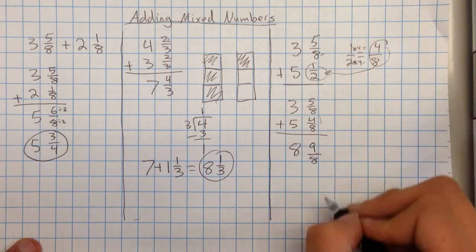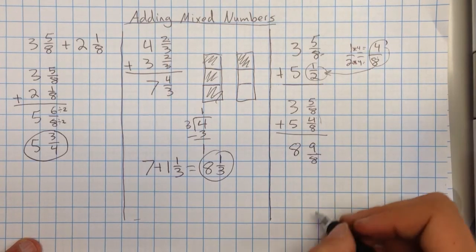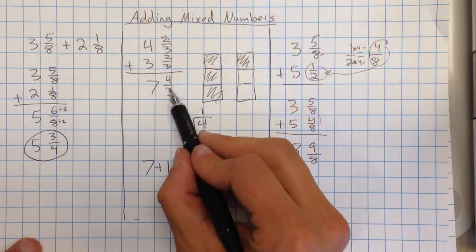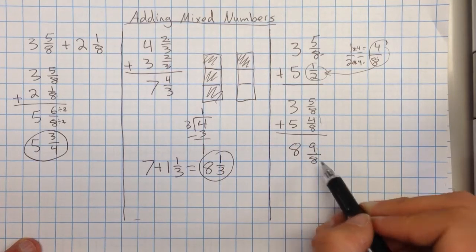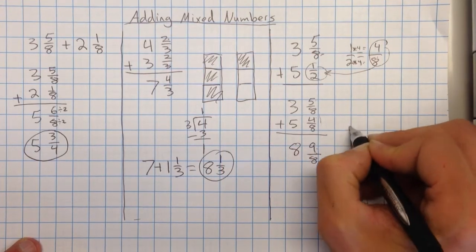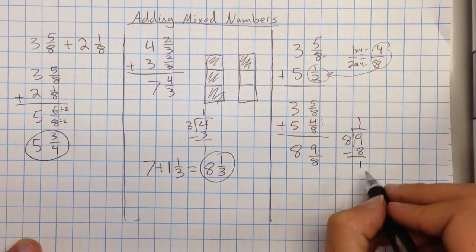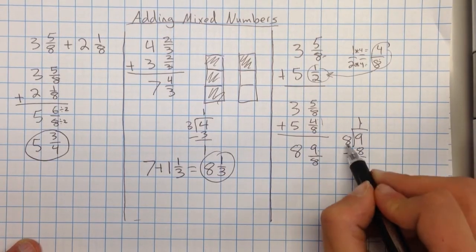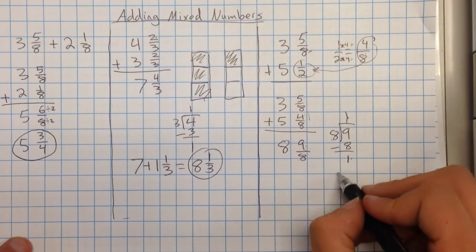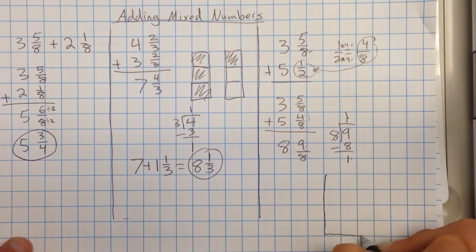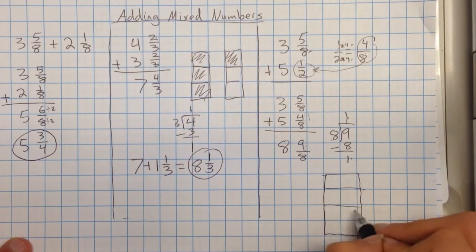Now I notice that is an improper fraction. This is similar to what we did over here. I think, okay, how many can go in? I could divide it. 9 divided by 8 gives me 1, minus 8 gives me 1 piece left over. So 1 whole and 1/8. If I wanted to, I could also draw a picture of that.